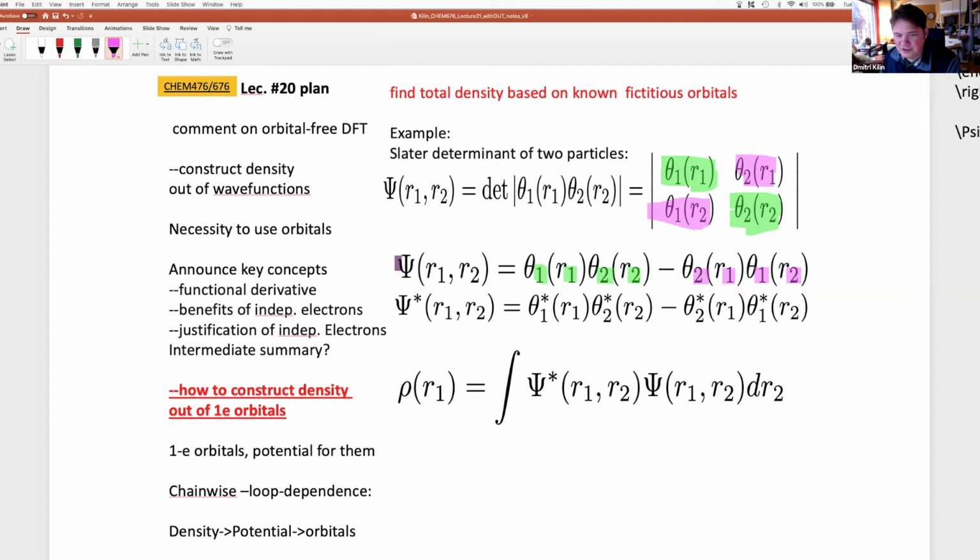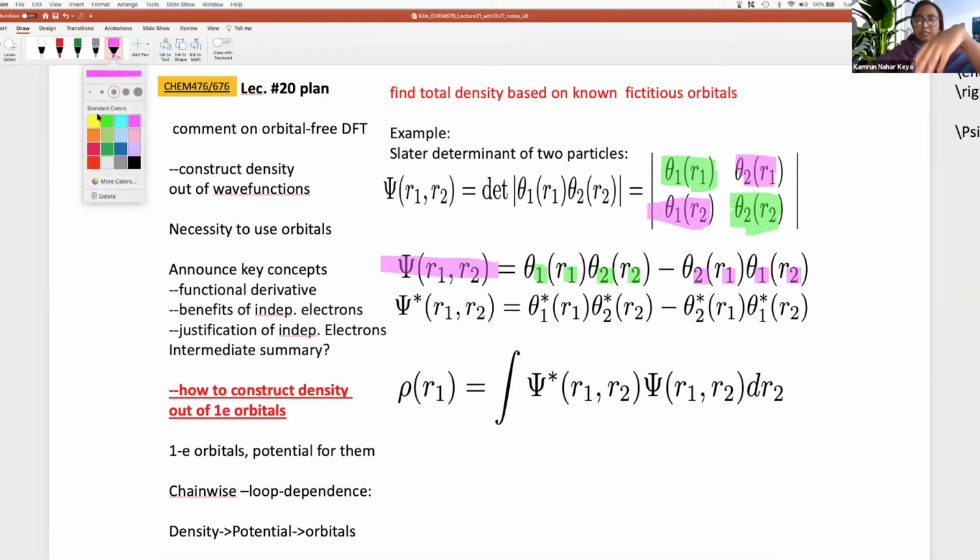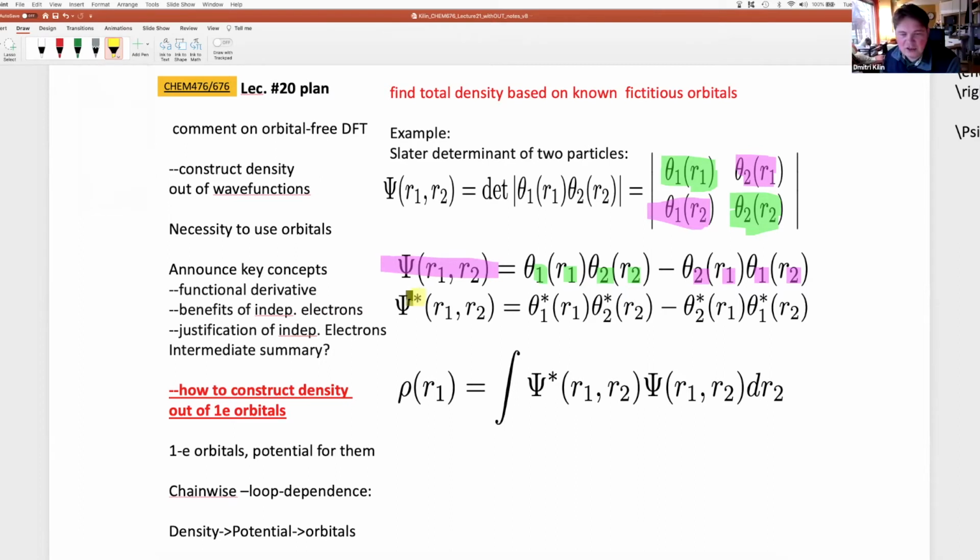So we have the Slater determinant, the multi-electron wave function. If we put a little star here, it means we put a star in front of each orbital. Now here I'm trying to implement my own prescription.